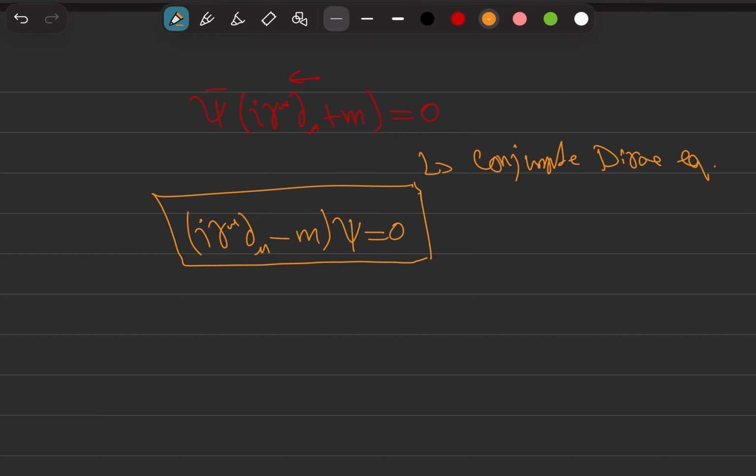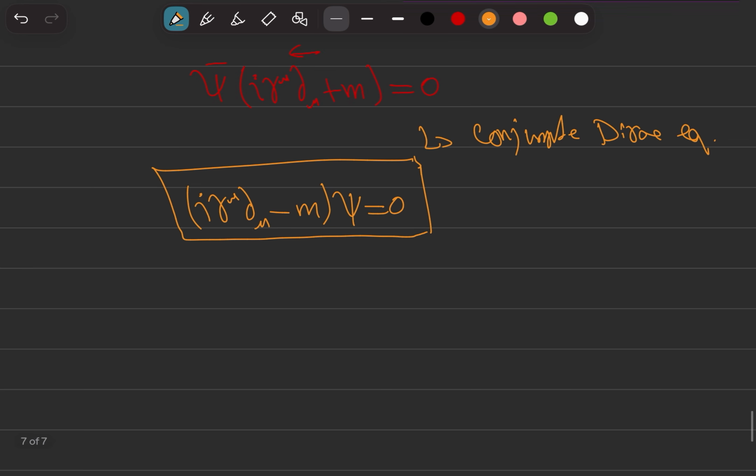Okay, so right now what we are going to do is just write the Dirac equation in explicit form to get some perspective, and also some practice with it and some intuition for it. So this is the Dirac equation. Now if we expand it, what do we get? Well, let's just expand the first part, of course, because there is nothing to expand in the second part.